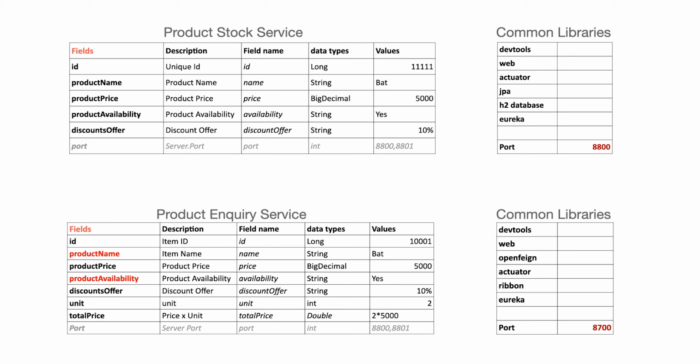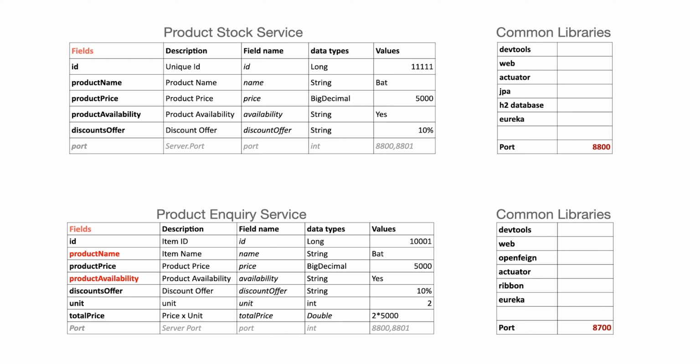Coming to the product inquiry service, this service will primarily be used to get the product information from the stock microservice through an API call. Since both the microservices will be used together, there are quite a few similarities in the field variables like product name, price, etc. However, there are a couple of additional fields in the inquiry microservice like unit and total price for calculation purpose.